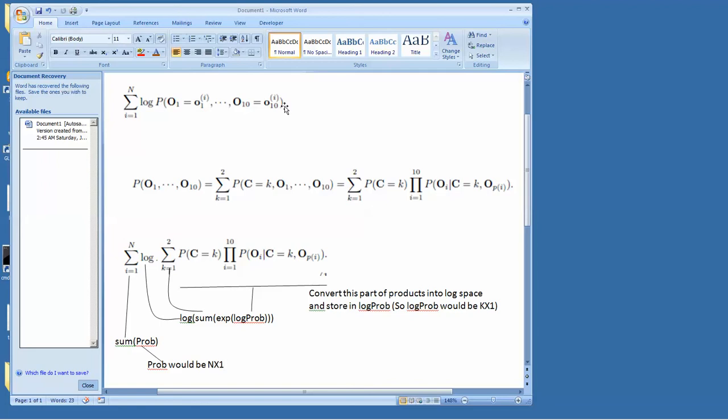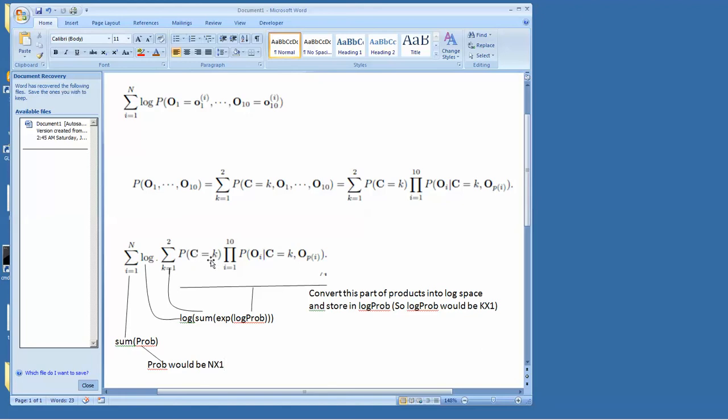Okay. If you read this entire combined equation, what are we saying here? For each example in the training set, that is i equals 1 to n, you have the log of a sum over each class, whether human or alien, so k is 1 to 2. Then you take the probability of the class, probability of C equals k.